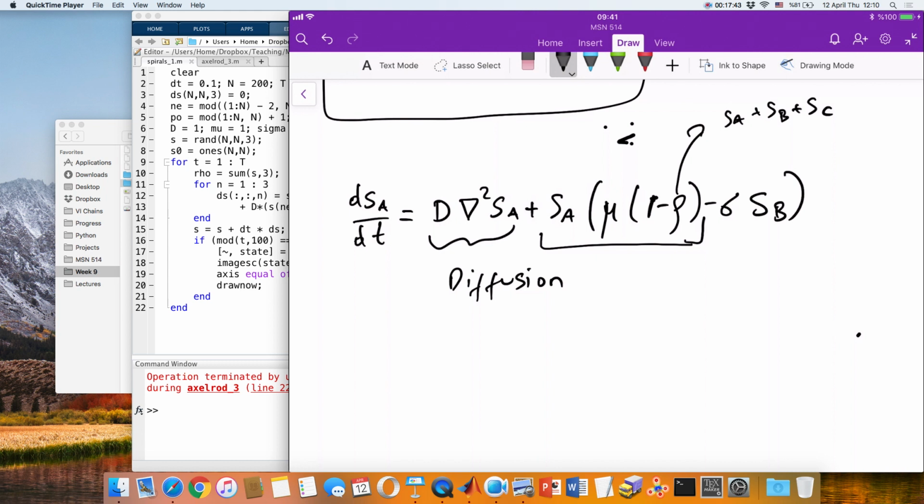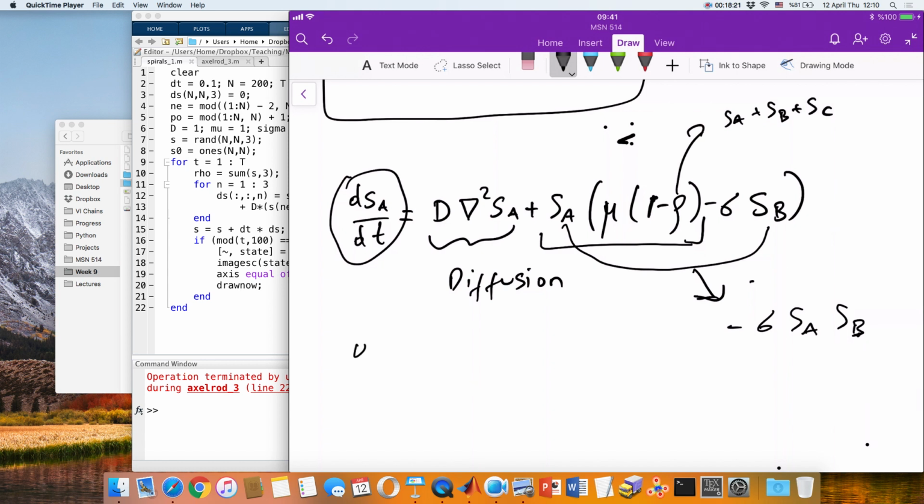However, it's limited by this 1 minus rho. So if that cell is already quite dense, then the SA will not be able to reproduce enough. I hope it's clear. And what is this minus term when you multiply this one with this one? It gives you minus sigma times SA times SB. What is this? Decrease in SA because of interaction with B. Because B eats A. Do you agree?